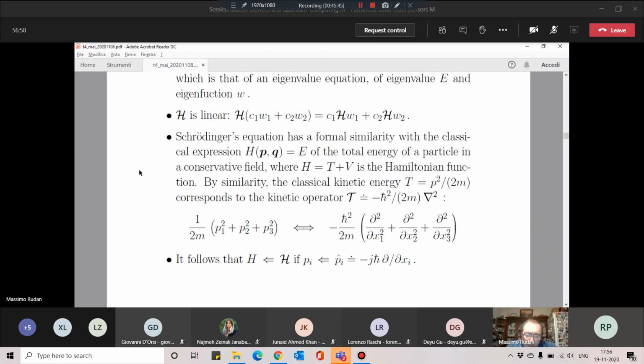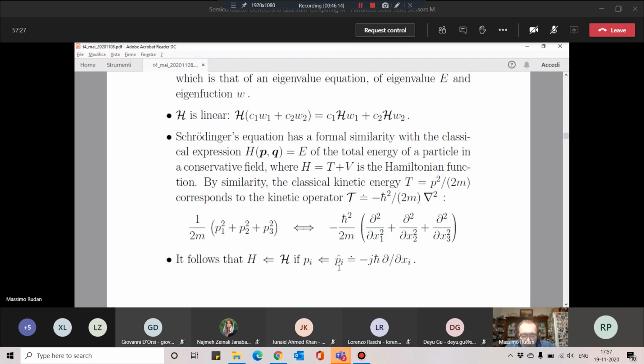If we consider this component by component, it is like taking each component of the classical momentum p_i and replacing this classical component with a quantum operator that we call p_i hat.